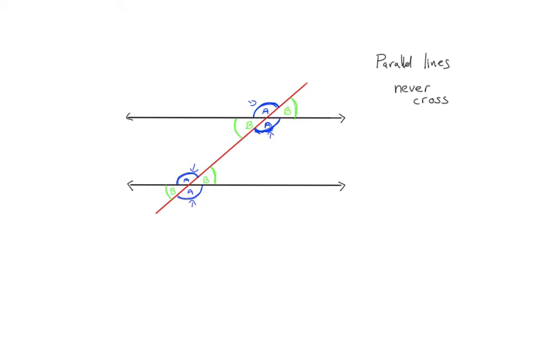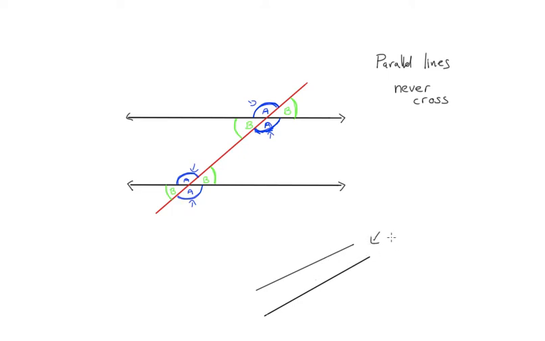Now, if you had two lines, and I'll quickly draw this out. Here's my ruler. If I had a line like this, and then I had a line that was slightly askew. So these two lines are not parallel, okay?